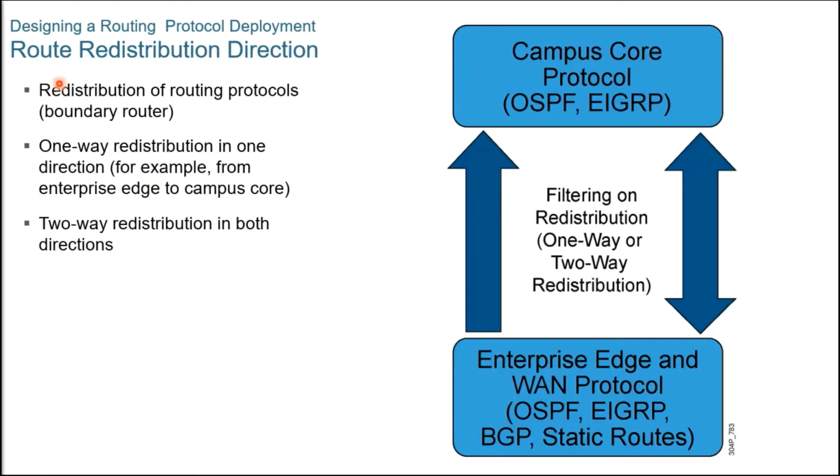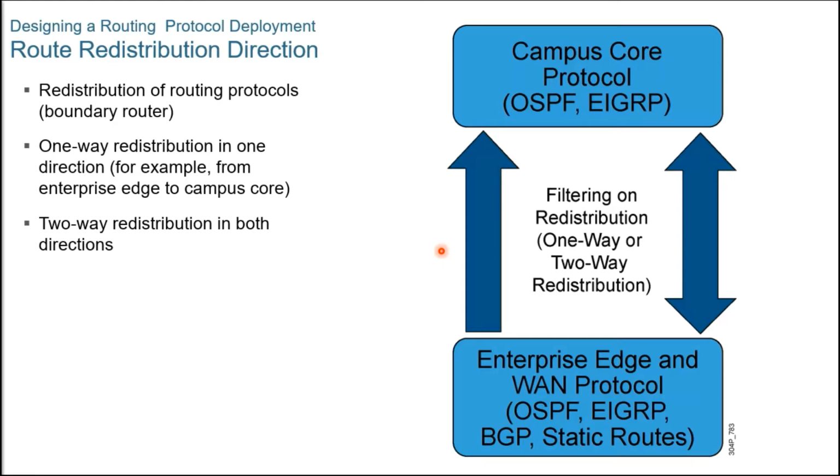Now let's talk about the route redistribution direction. Redistribution is often applied between the campus core and the enterprise edge protocols. As shown here in the figure, redistribution is possible in two ways. You've got a one-way route redistribution. Routing information is redistributed from one routing protocol or domain to another, but not vice versa.